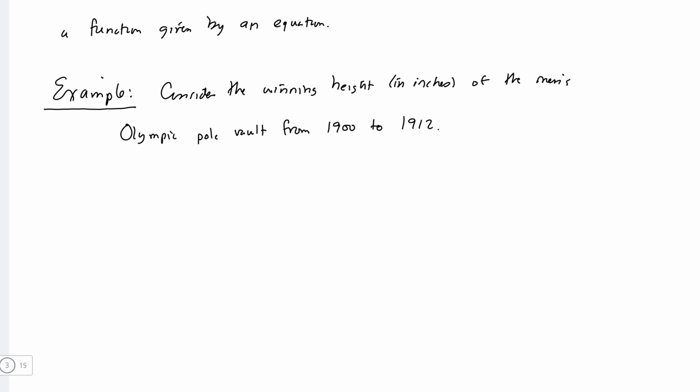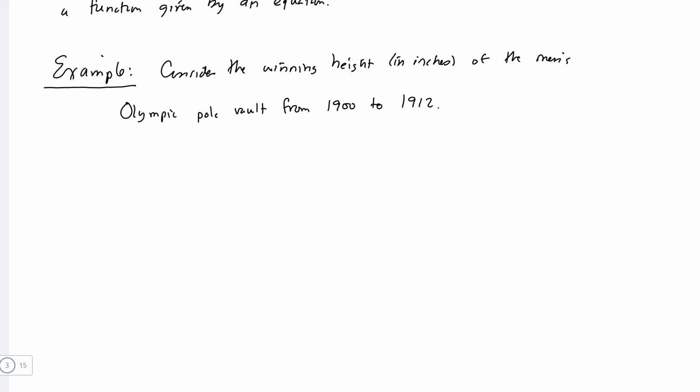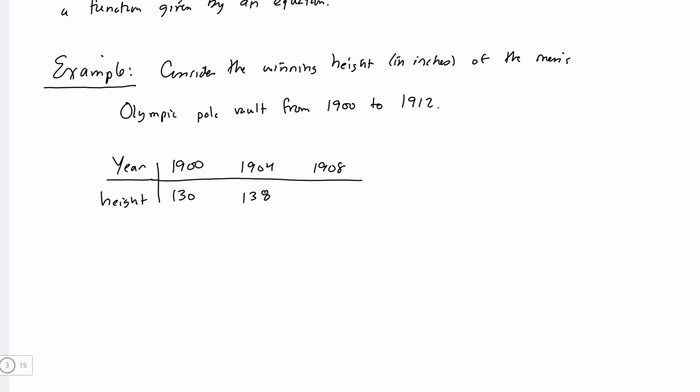Okay, Olympics is only every 4 years, so we're not going to have a whole lot of data points here. So if we write these down in a table, you can look these up, and this was 130, this was 138, this is 146, and this was 154.